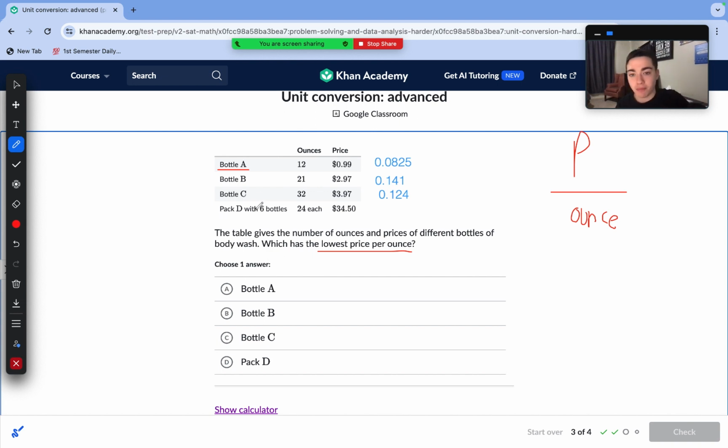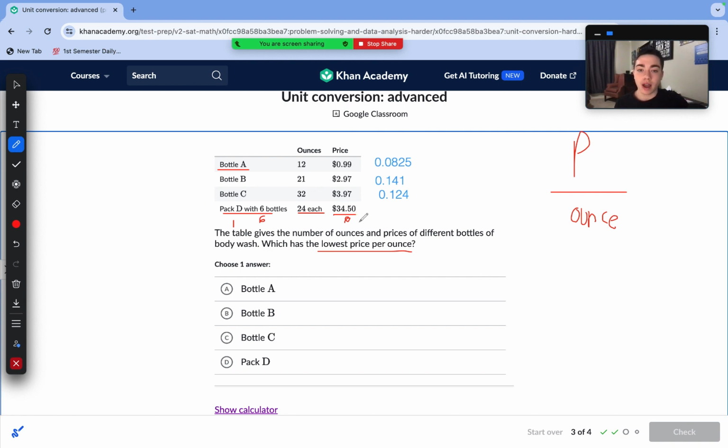So there are actually 6 bottles in a pack D with 24 ounces in each of them. So we need to get pack D to only have 1 bottle so we can compare the prices of 1 bottle per 1 ounce. So what we need to do here, this can stay because each bottle is 24 ounces. That makes sense. We need to divide over here by 6 and our price by 6 to get our 1 bottle, because 6 divided by 6, now we just have 1 bottle for pack D. Perfect.